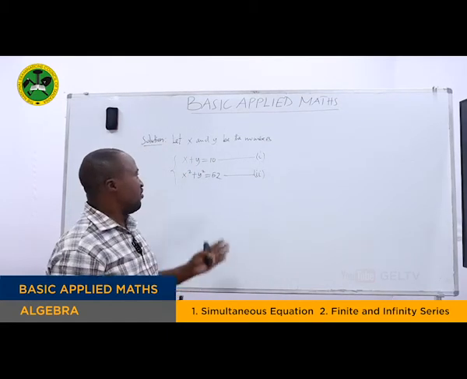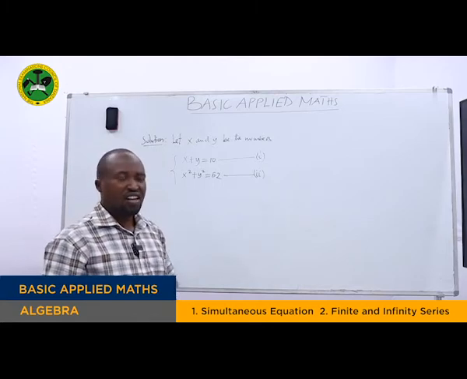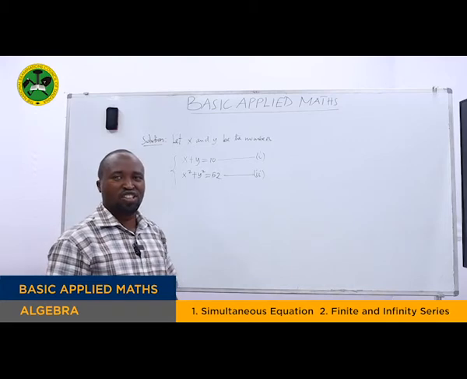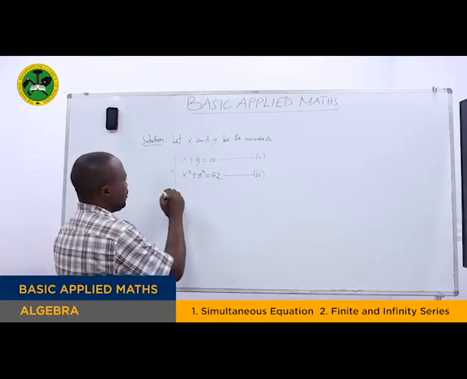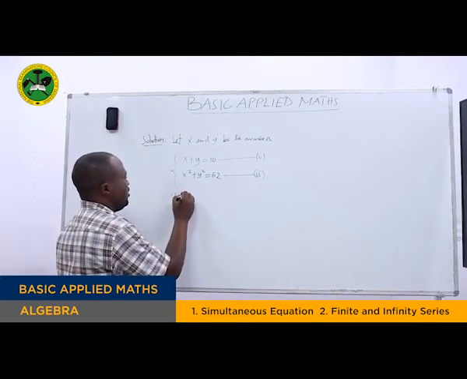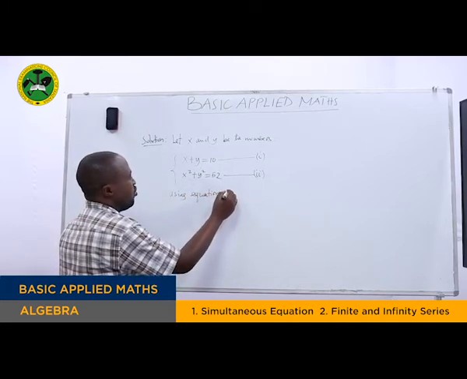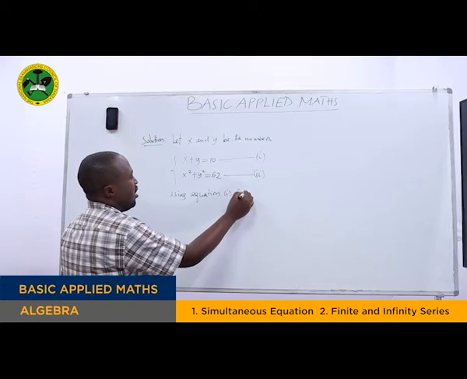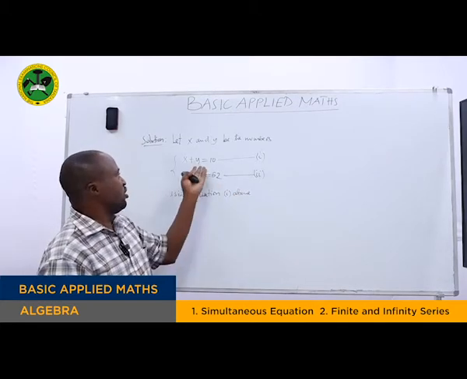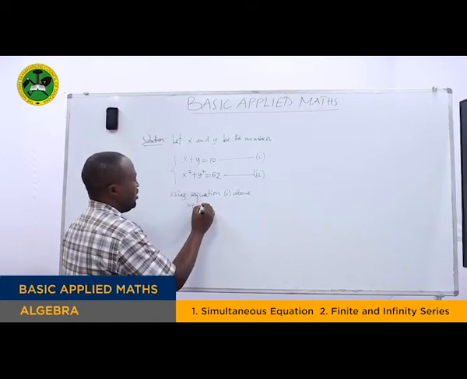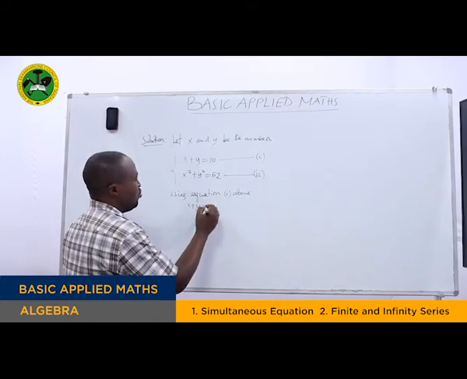Now, my dear student, we have two equations. Let us see how we are going to solve such a simultaneous equation. Now, using equation 1 above, we just start with equation 1, that is x plus y is equal to 10.